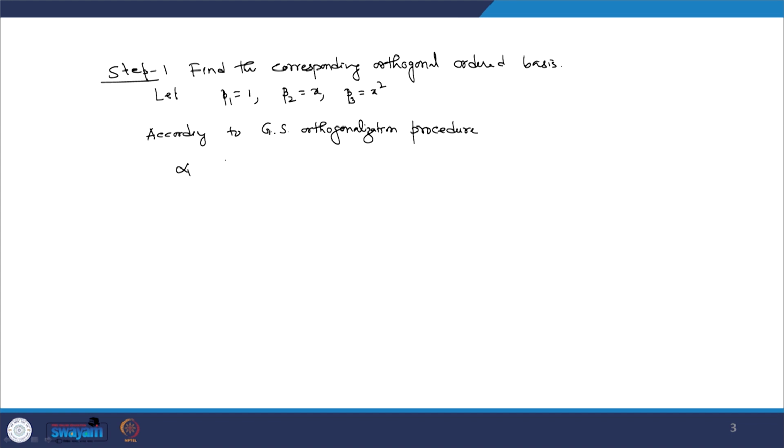let me consider alpha 1 equal to beta 1, and then alpha 2 will be equal to beta 2 minus the inner product of beta 2 and alpha 1 by the norm of alpha 1 square, times alpha 1.